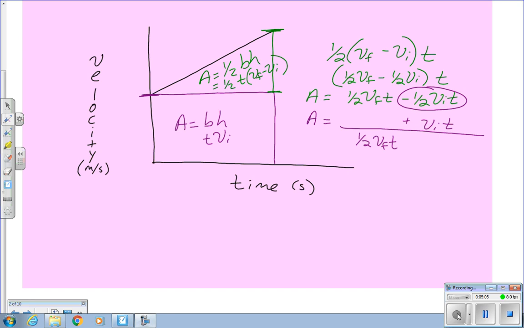So we end up with plus 1/2 VI times t. So then we're going to take the t and the 1/2 back out. Put the 1/2 out in front, VF plus VI is what's left on the inside, and t behind it. Displacement is 1/2 of VF plus VI times t, verified by using the velocity time graph. Pretty awesome, huh?